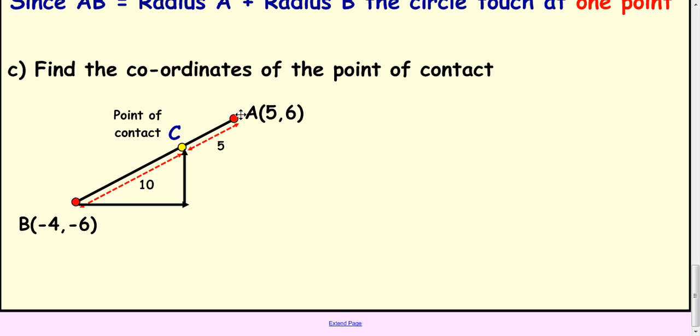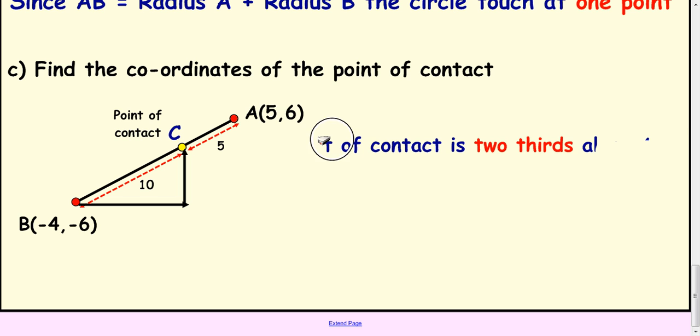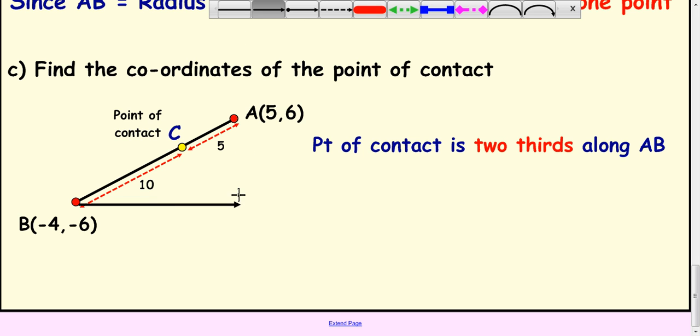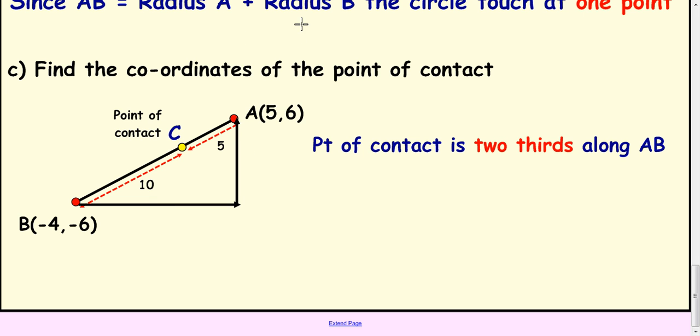It's 10 along and over 15 altogether, which simplifies down to 2/3. So if we turn our attention to the bigger triangle, to get the x value of C, you go 2/3 along this length.